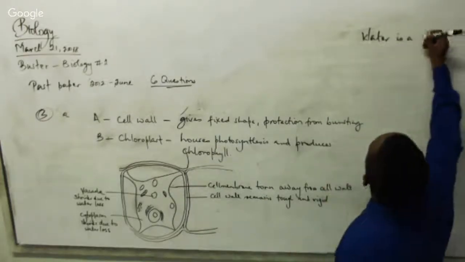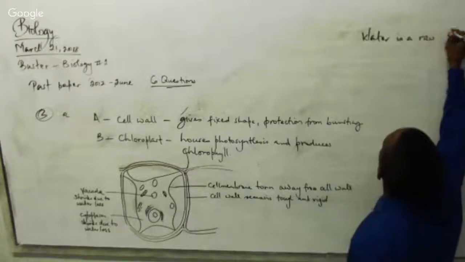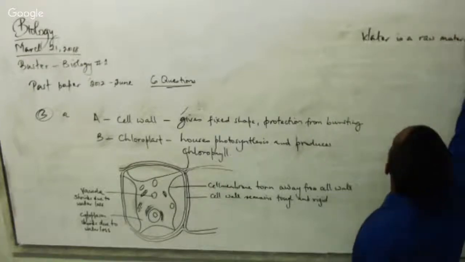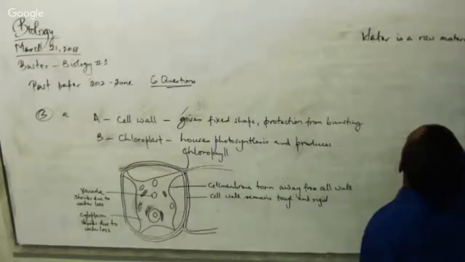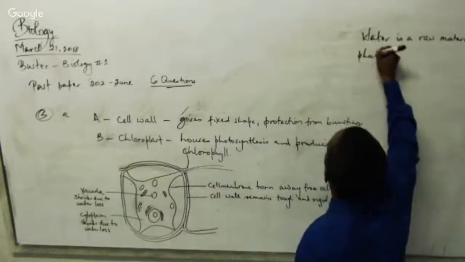So we're going to say water is a raw material of photosynthesis. You get 1 mark for saying that.